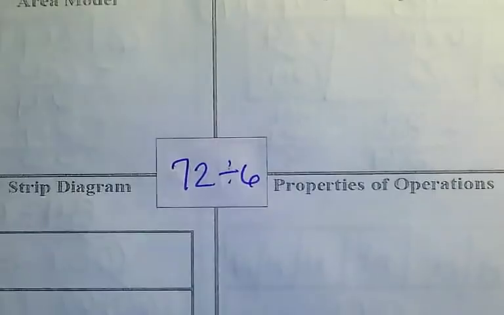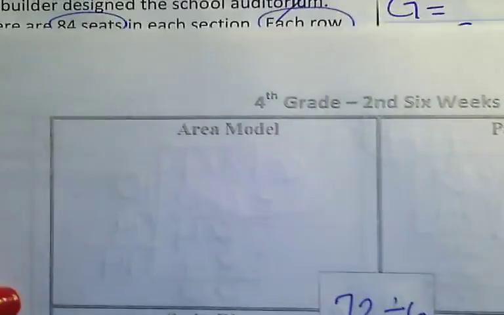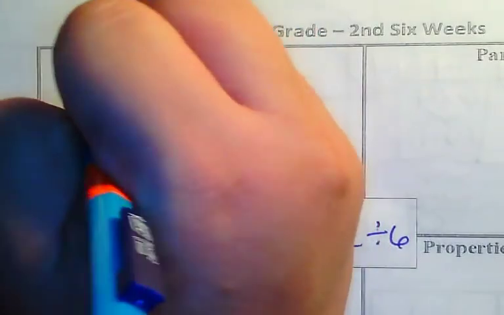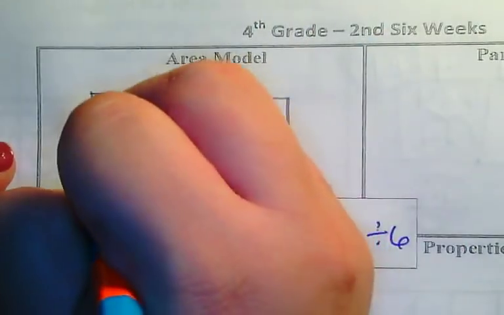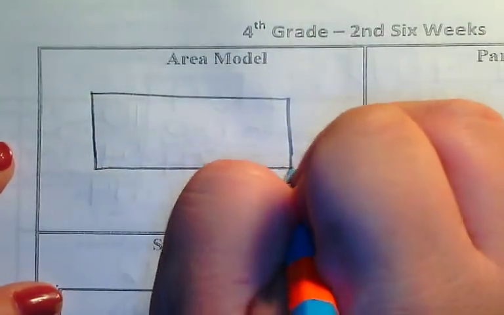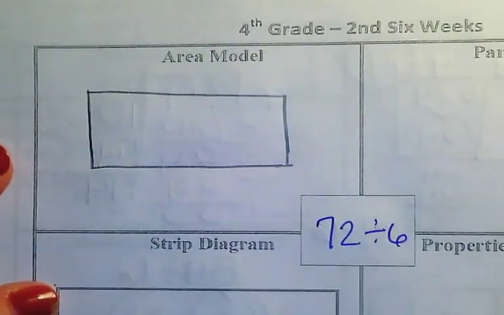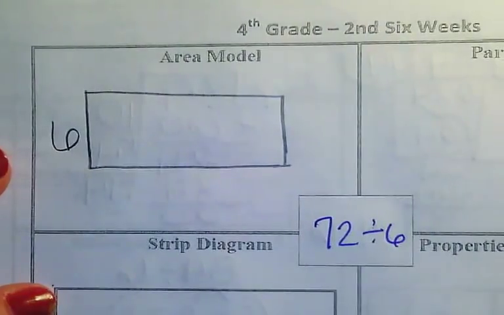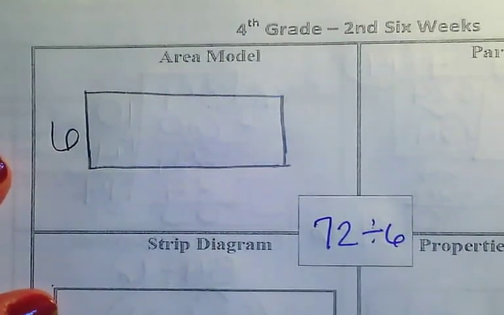Okay, area model. What do we do for area model first? We do a rectangle. Okay? And then we divide it. 6 on the outside, and you put the answer on top.